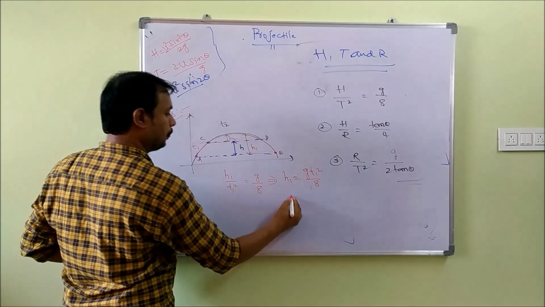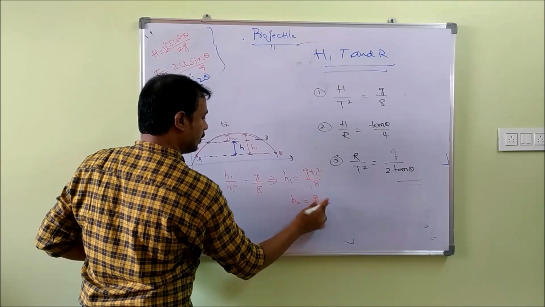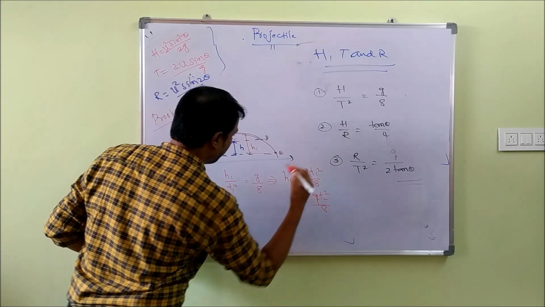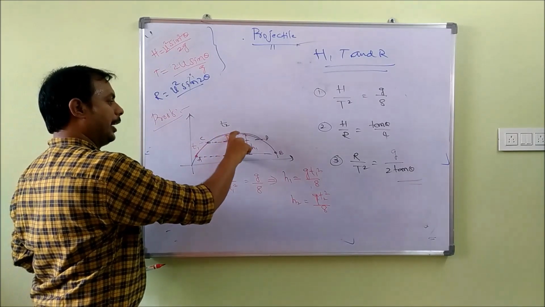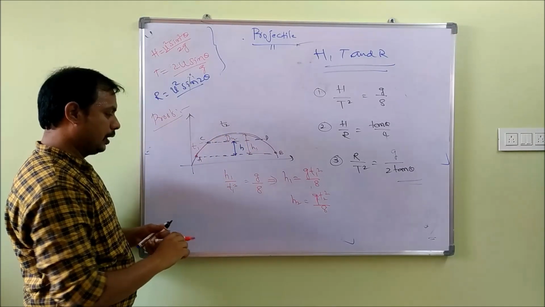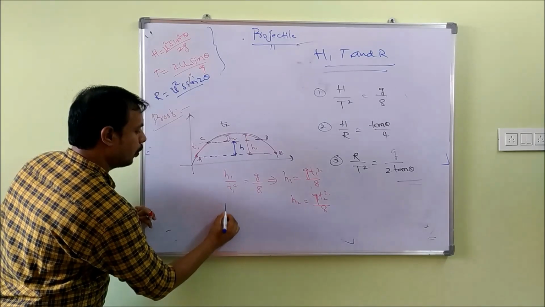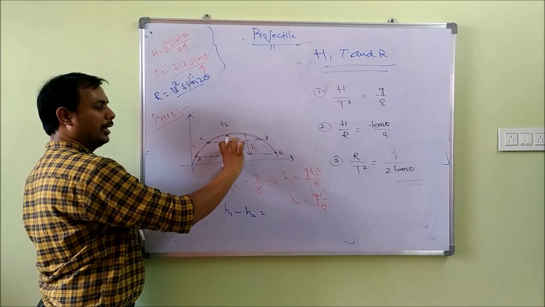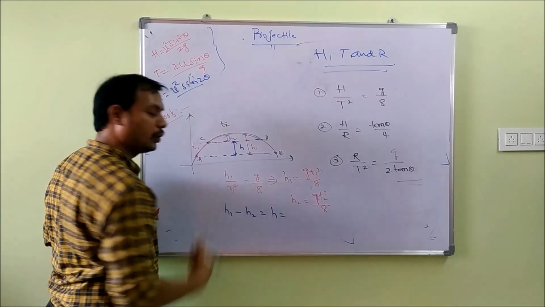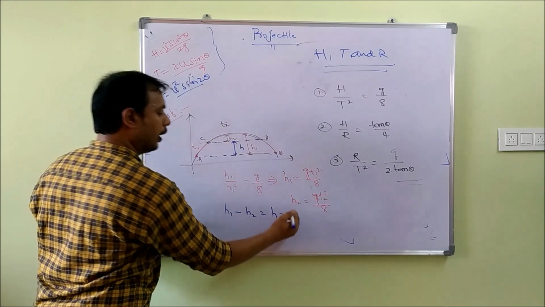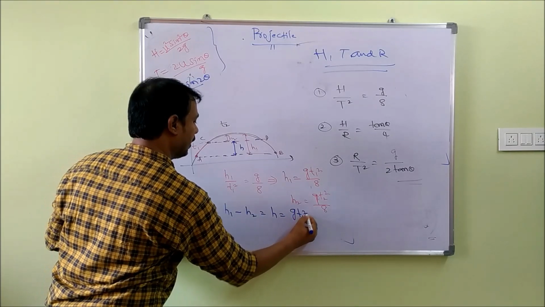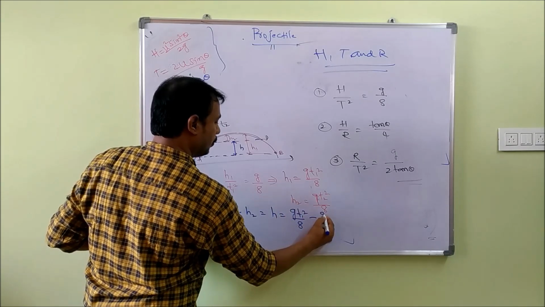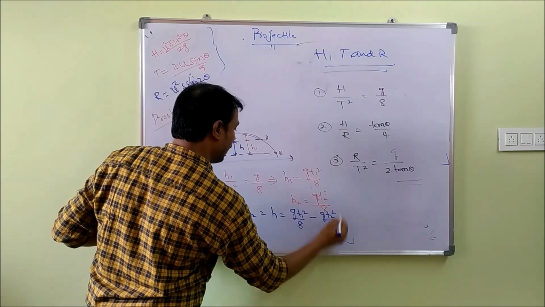Similarly for h2, that is g t2 square by 8. Take the difference h1 minus h2, that is h equals h1 minus h2, which is g t1 square by 8 minus g t2 square by 8.